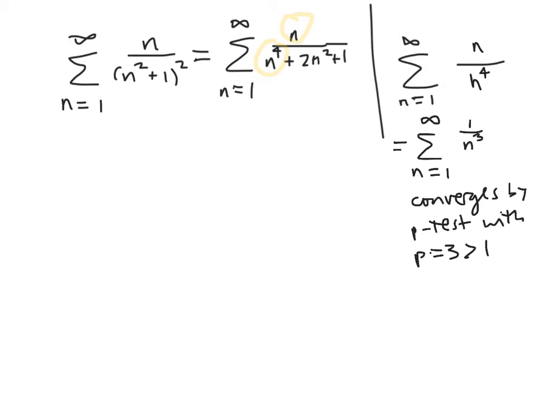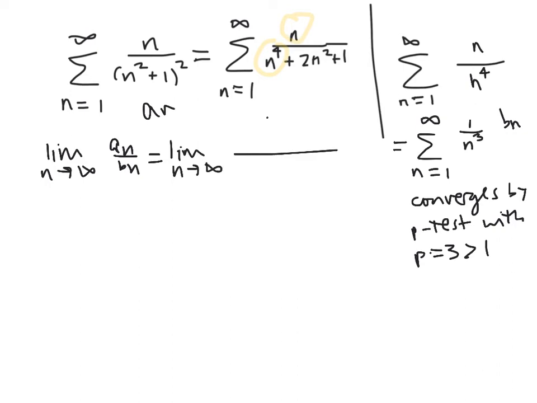And now we need to do the limit comparison test. These are the bn values, and these are the an values, and so we need to take the limit as n goes to infinity of an over bn. And what we get is the following.